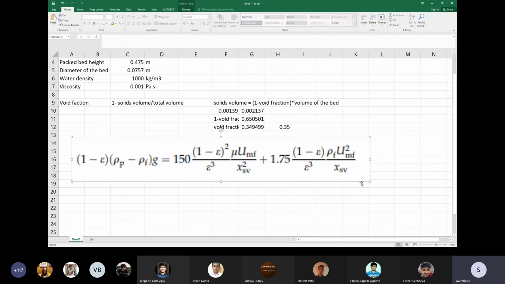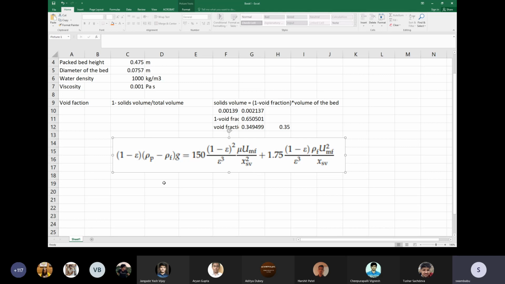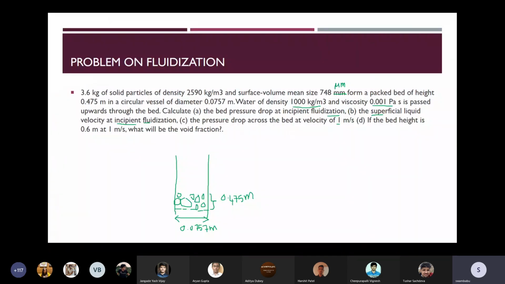We know this expression at minimum fluidization. This equation, the Ergun equation, is valid for the pressure drop at minimum fluidization. Using this equation, first we have to calculate the pressure drop at minimum fluidization, delta P minimum fluidization, and we have to calculate UMF.